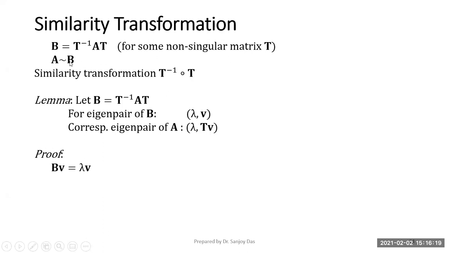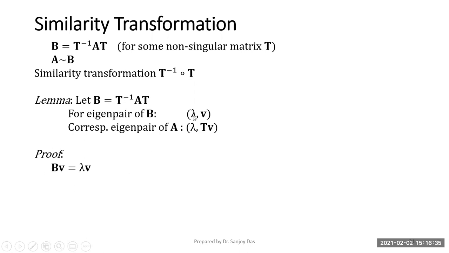A and B are two similar matrices if we can define some matrix T such that B equals T inverse A T. Okay, thank you.